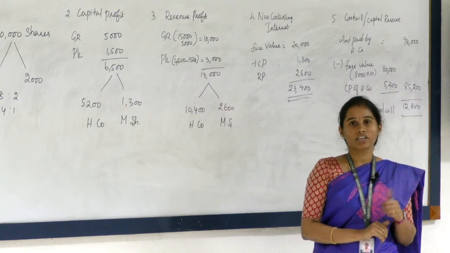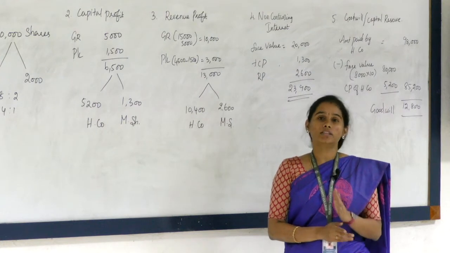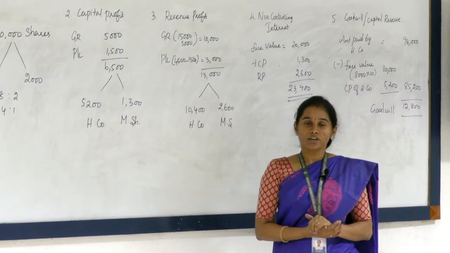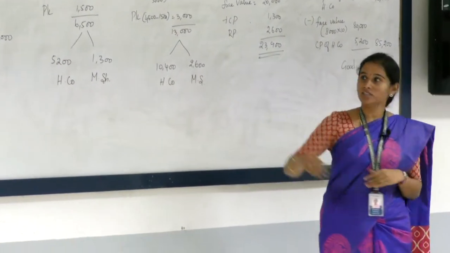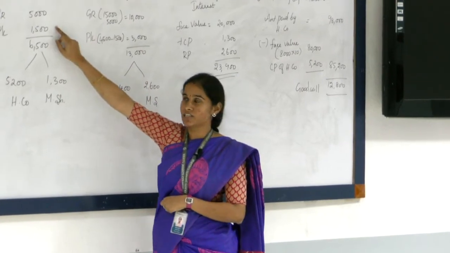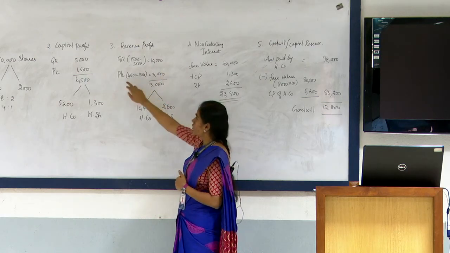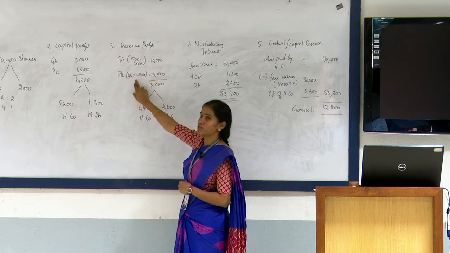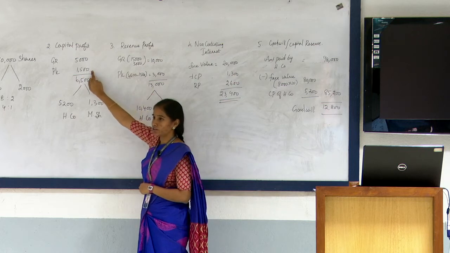In this question they mentioned 6,500 was the profit on the date of acquisition. From the balance sheet you can see the reserve was rupees 15,000. 5,000 was on the date of acquisition, so the balance 10,000 will be the revenue profit. Likewise, the profit and loss account in the balance sheet is 4,500; in that 1,500 was on the date of acquisition.